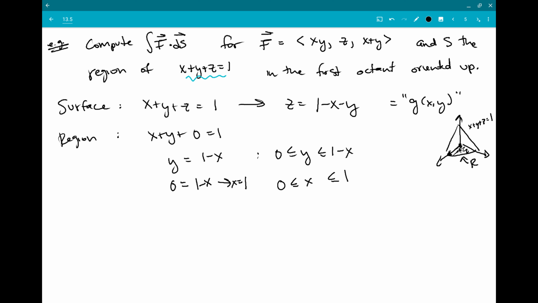So my bounds for x are from 0 to 1. This is kind of like old stuff for you. We learned how to do this and practiced it a lot with surface area problems. So those are the bounds for our region R down there.